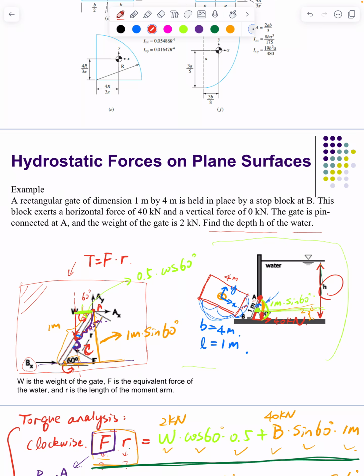Overall, it's a little bit more complicated because of 2 things. The first thing is that torque analysis is included. You need to know the effect of the force, whether it lets the gate rotate clockwise or counterclockwise. The second thing is, for this specific question, the plan view of the board is not given.